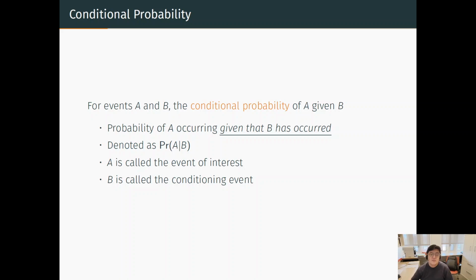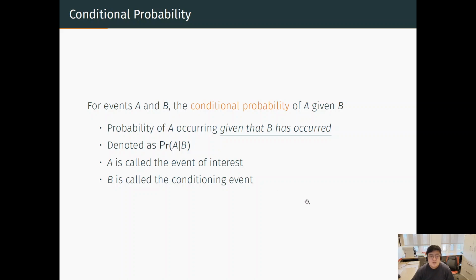So that is the condition, right? You know this knowledge, this condition, when you do the experiment. And we denote this as probability of A given B. You use a vertical bar to separate the main event from the conditioning event.